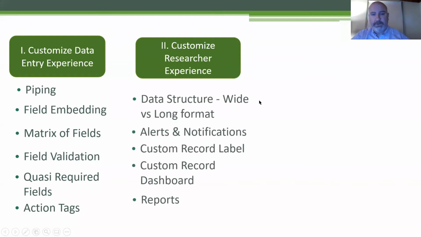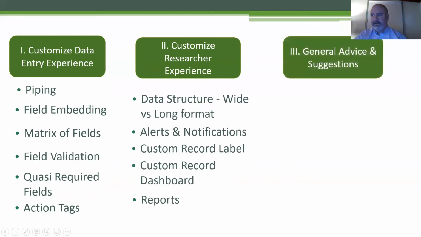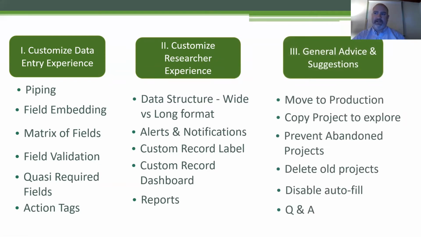These topics are going to include a discussion on data structure, wide versus long format, alerts and notifications, custom record labels, and dashboards and reports. And finally, we're going to finish with some general advice and suggestions, including moving your project to production, copying your project to explore, preventing abandoned projects, deleting old projects, disabling your autofill settings, and then some questions and answers at the end.